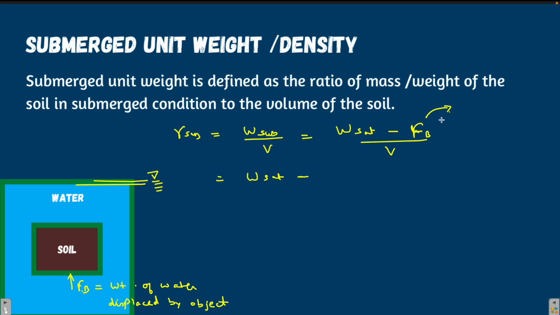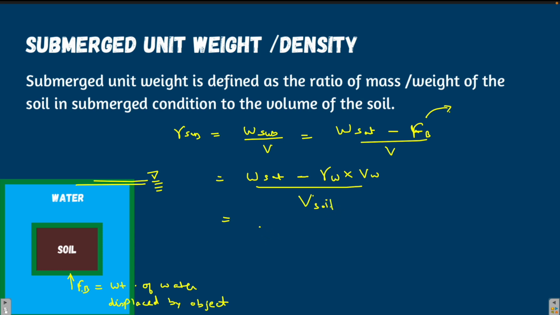We have to find this force of buoyancy. Can we say that it is same as the density of water into the volume of water displaced by the soil? So density into volume will give me the weight. Divide by total volume of the soil. This is the volume of the soil.